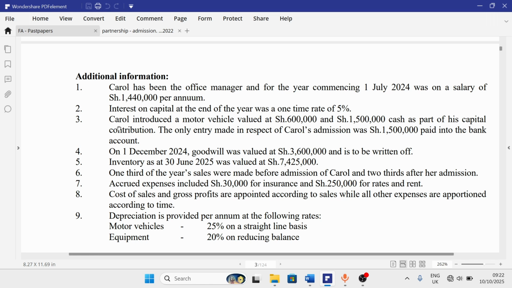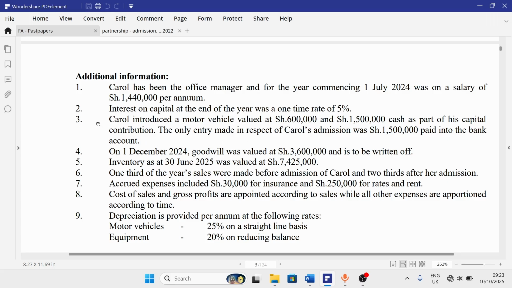Number 3, Carol introduced a motor vehicle valued at 600,000 and 1.5 million cash as part of her capital contribution. The only entry made in respect of Carol's admission was 1.5 million paid into the bank account.